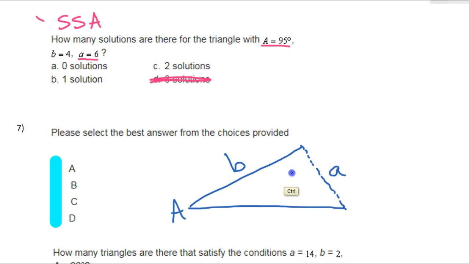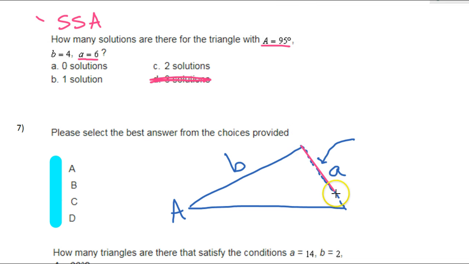So how could there be 2 triangles with the same information? Well, as a hint, notice that I wrote this one as a dotted line. That's to show some flexibility here, that maybe this could be in another position other than where it is. And here's what I mean.